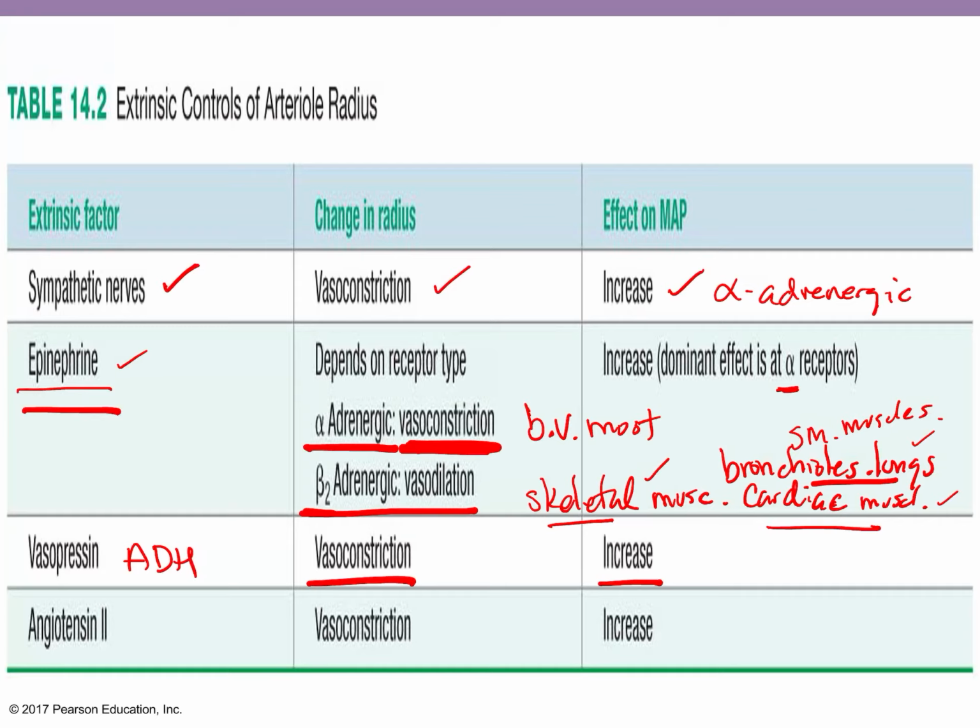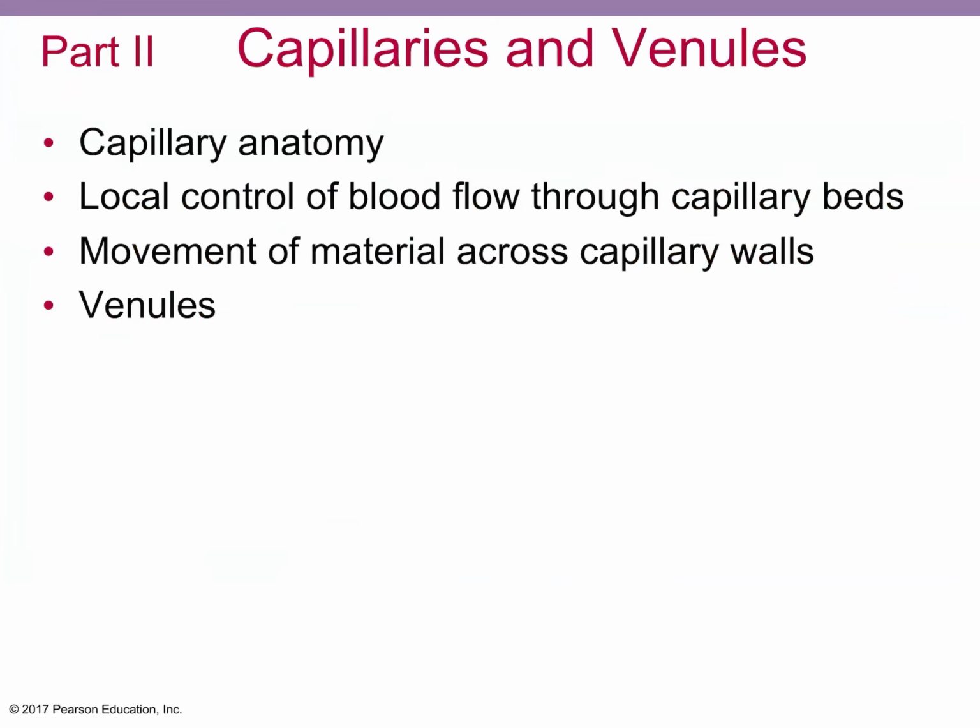The more fluid you have, the more blood pressure you have, and then it's also going to constrict the blood vessel, which also increases the blood pressure. MAP is mean arterial pressure. Angiotensin II, also a powerful vasoconstrictor by itself, increasing blood pressure. So you should know this chart here.